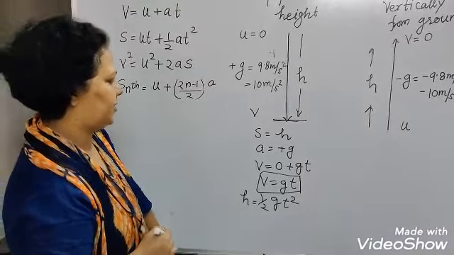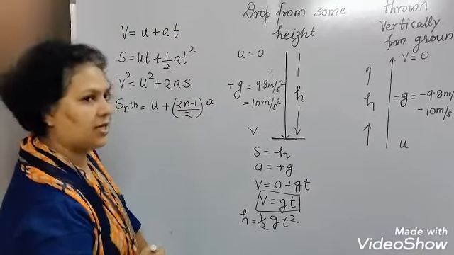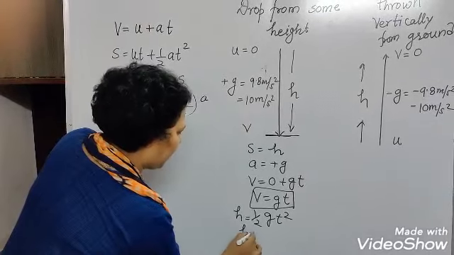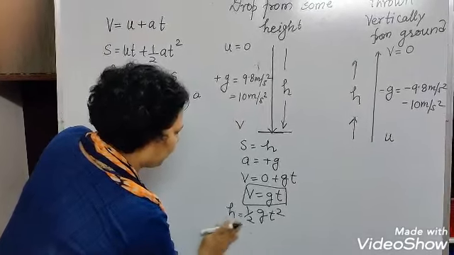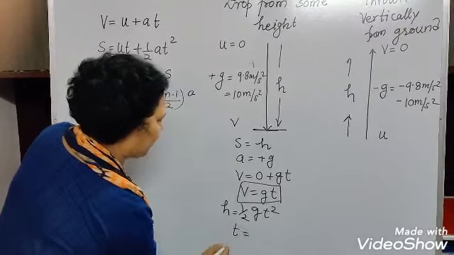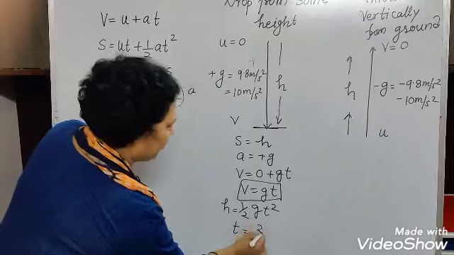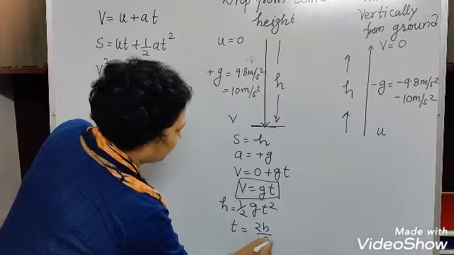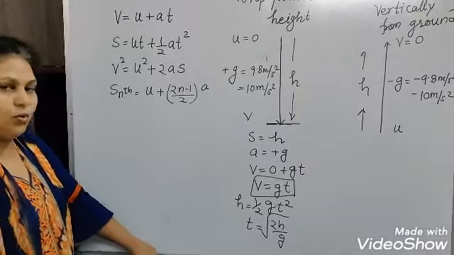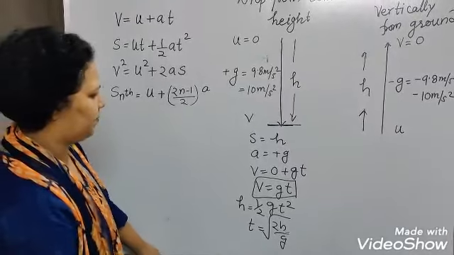So h is equal to half g t square. Or for t, if you take 2h upon g, this becomes t is equal to root of 2h upon g.